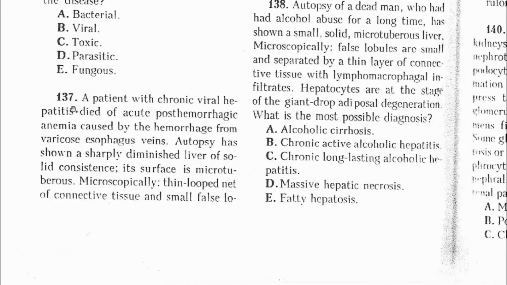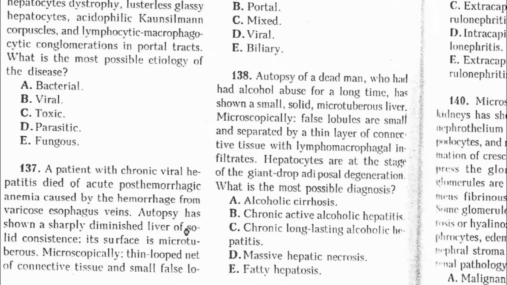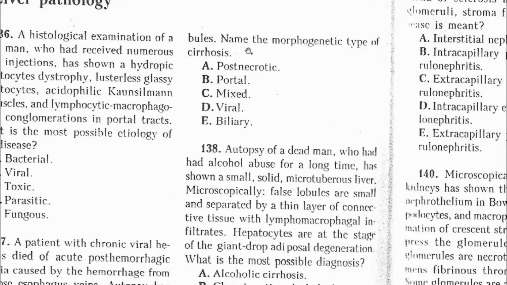A patient with chronic viral hepatitis died of acute posthemorrhagic anemia caused by the hemorrhage from varicose esophagus veins. Autopsy has shown a sharply diminished liver of solid consistency. The surface is microtuberous, microscopically a thin-looped net of connective tissue and small false lobes. Name the morphogenetic type of cirrhosis. Now, types of cirrhosis include post-necrotic cirrhosis.